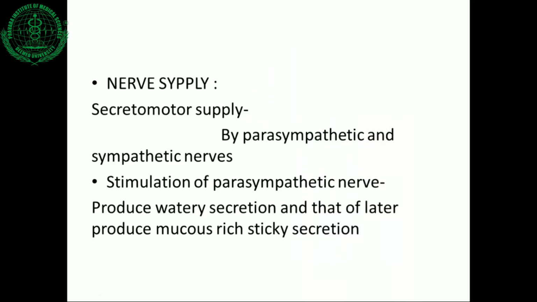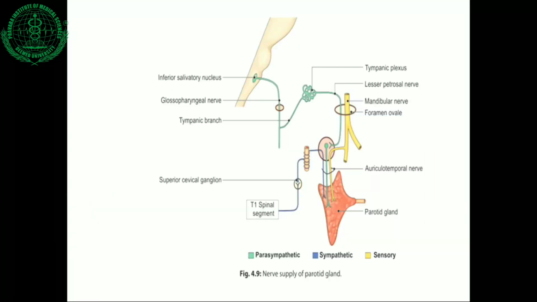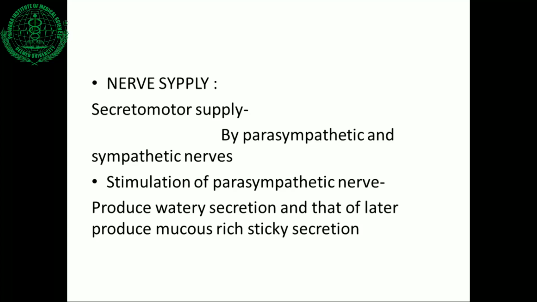The nerve supply of the parotid gland is through sympathetic, parasympathetic and secretomotor nerve supply. The secretomotor nerve supply to the parotid gland is through the sympathetic and parasympathetic nerves.